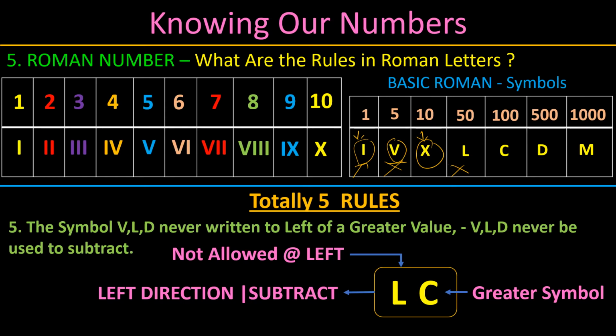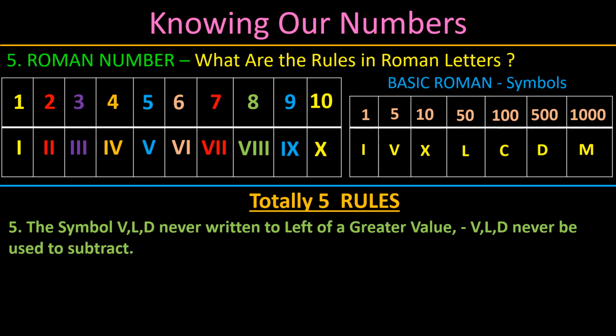C's value is 100. L's value is 50. What is the symbol for 50? It is already defined: L. Why unnecessarily write L before C? That's why it is not allowed. Let's take another example on the same concept.